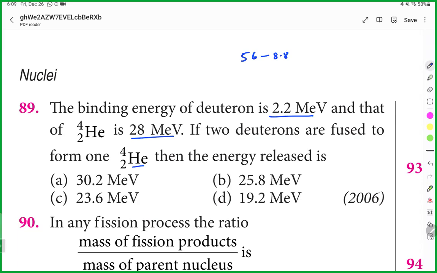Wait. Binding energy, not binding energy per nucleon. This is given binding energy. If binding energy is given for helium, it is 28. And for 2 deuterium, 4.4. Same question, same answer. In the last question, there was binding energy per nucleon. Here we have total energy.